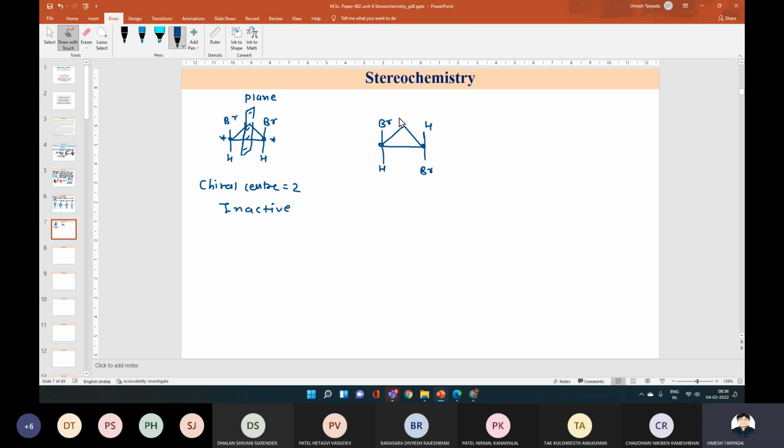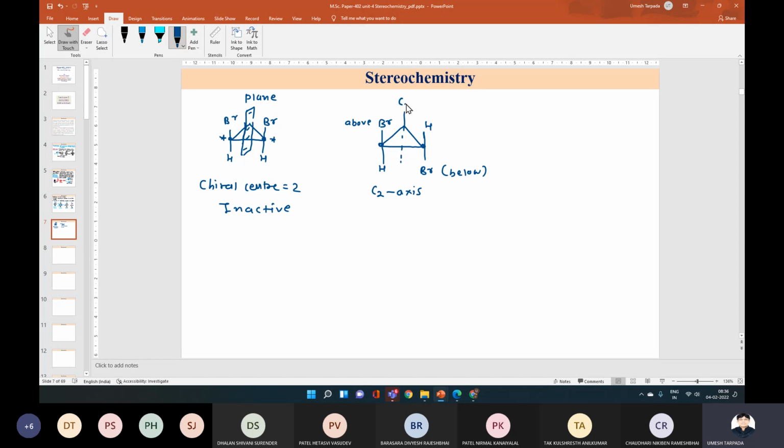A C2 axis is fine, but a plane or center of inversion i or an alternate axis you cannot have. Here you can give the rotation, so Br is above the plane here. Here it is below the plane, so you can have a rotation at 180. The C2 axis is there if you want to take it, but the plane is absent.